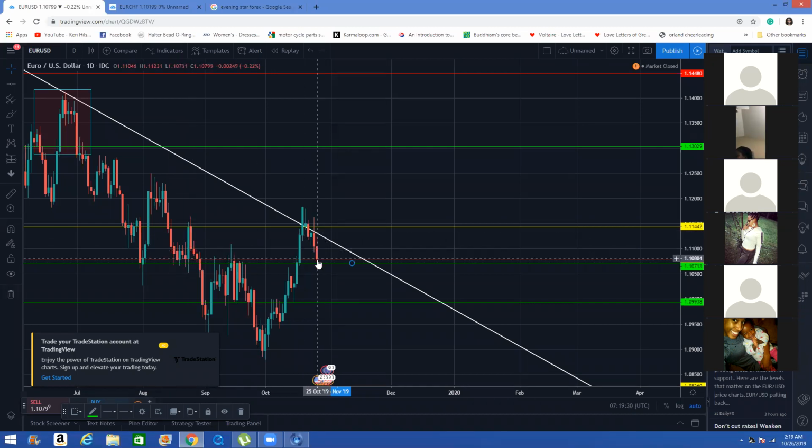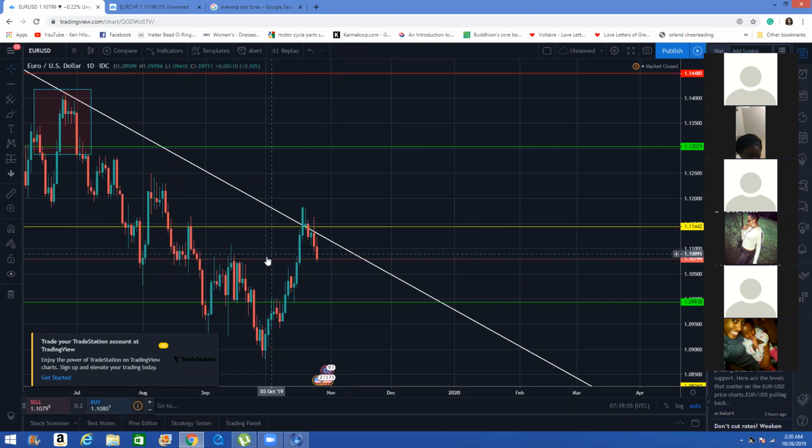So it could just be coming down to here and bounce back off and come to the trend line, right? You might be sending drawdowns to get into this because it's not really on the support and resistance. It could even break through here, break the trend line and retest, right? You never know. So I'm going to delete this because I'm going to finish those up on the smaller time frames.